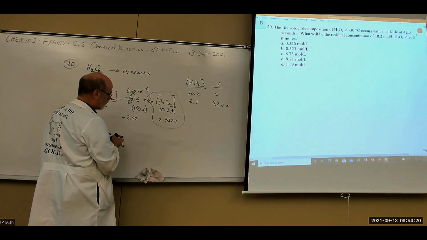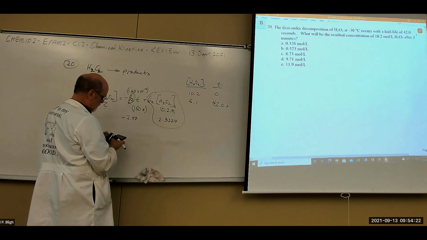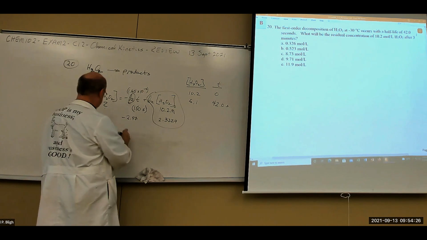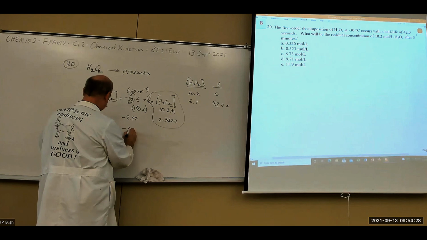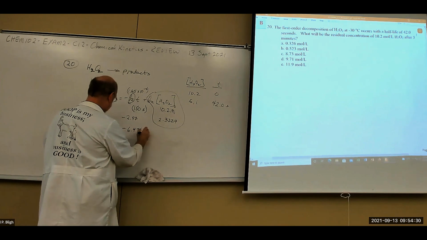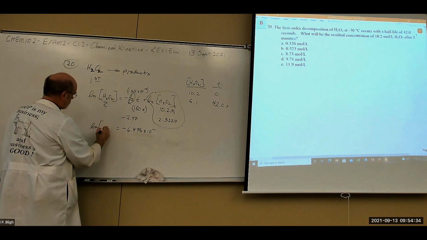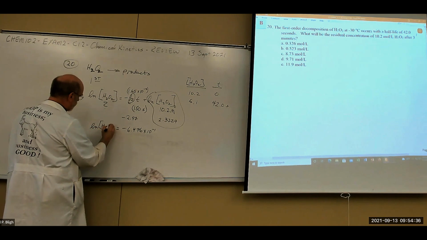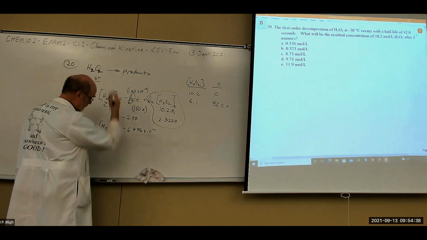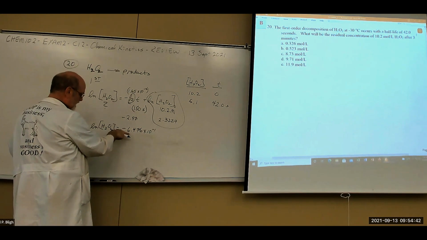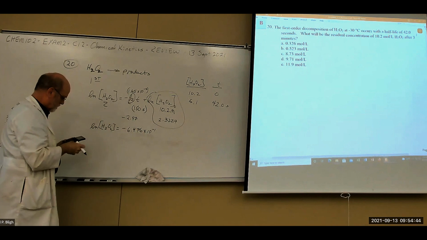So a minus 2.97, and a plus 2.3224 is minus 6.476 times 10 to the minus 1, and that's equal to the log of H2O2. Right. So now we just have to e to that power.